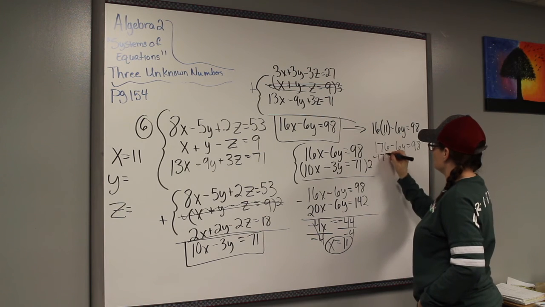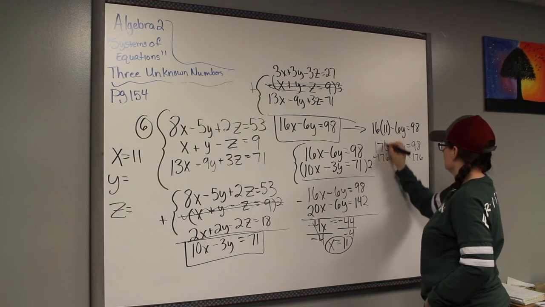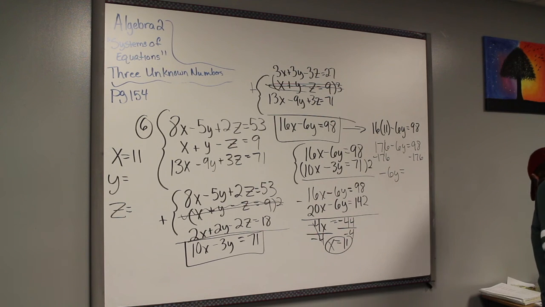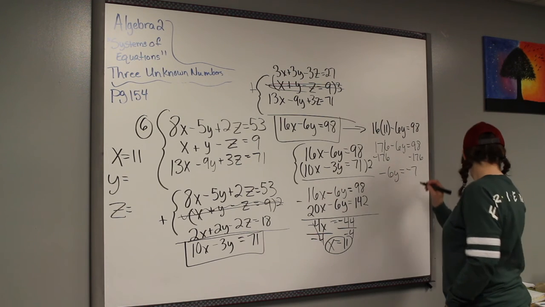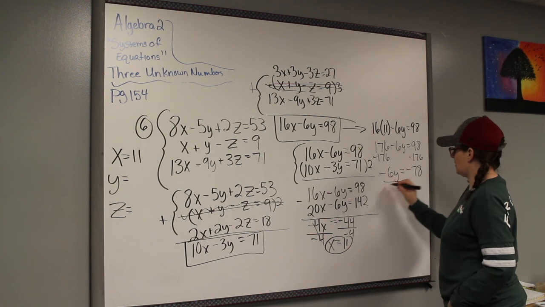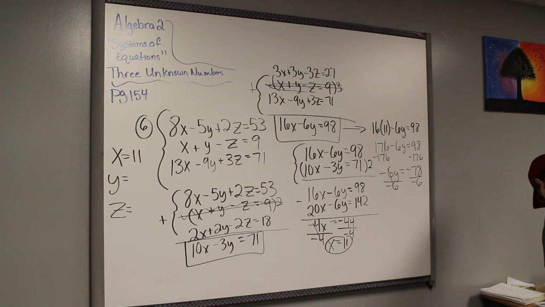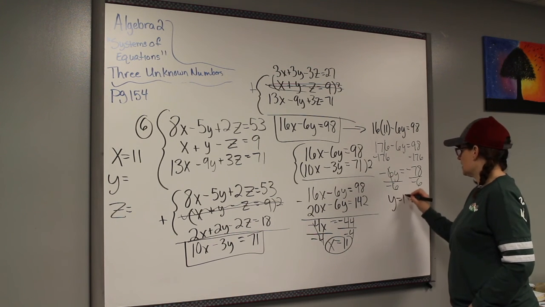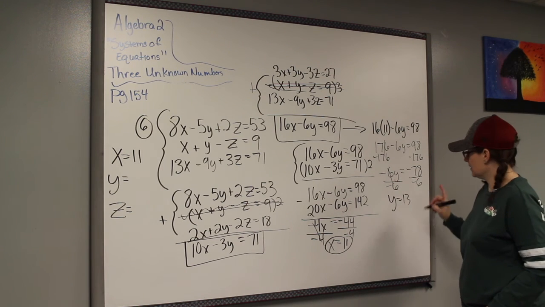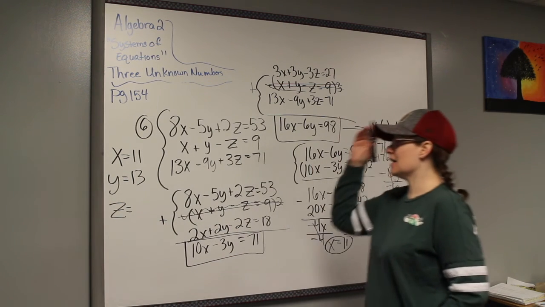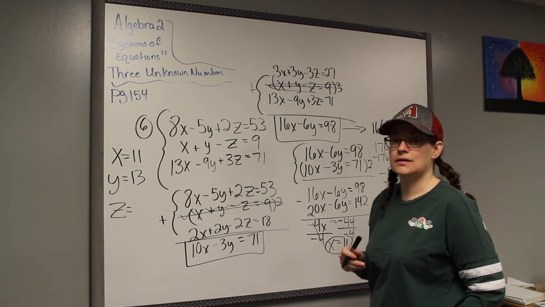I move my 176 over, and I get negative 6y equals negative 78. Divide by negative 6. And y equals a positive 13. A negative divided by a negative is a positive. So that is 13.